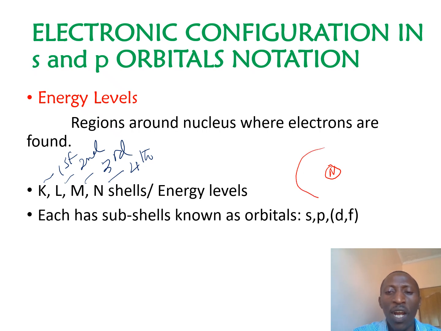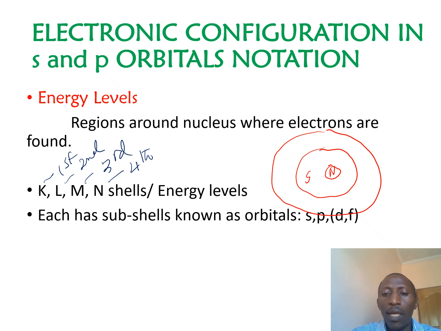We can draw around it the second energy level, and so on. In the first energy level, we have the subshell S. In the second one, we have S and P. And we shall later on see how many electrons are found there.